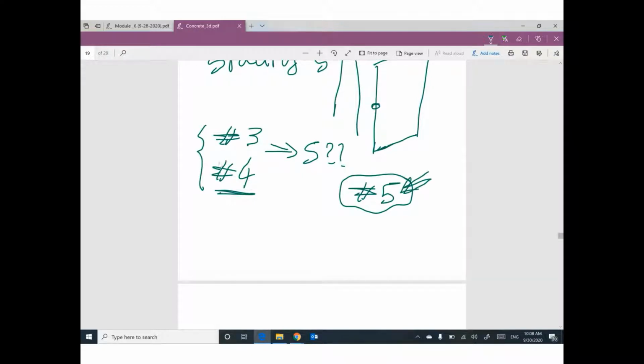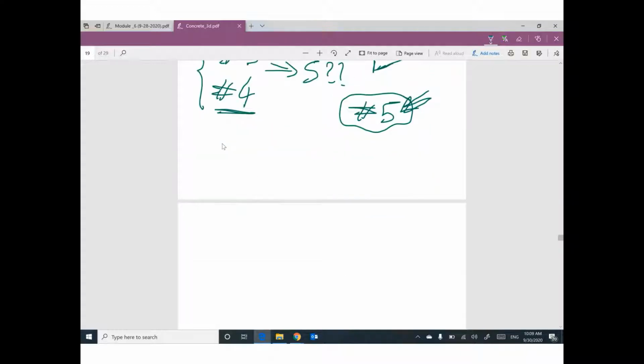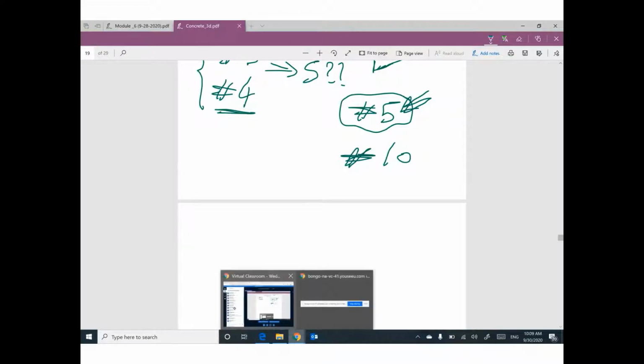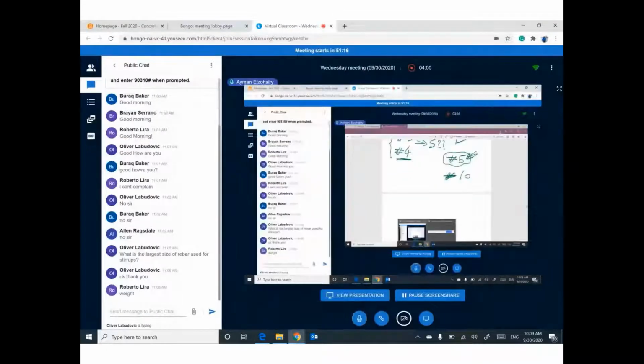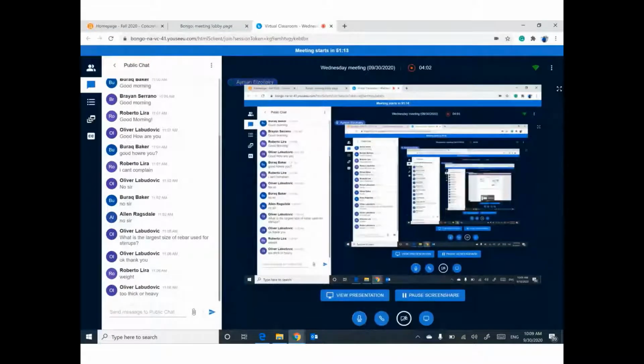What is the issue if I used number 10? Do you know what is the issue? Anybody know what is the issue if you are using a larger size for stirrups? Can you expect what is the issue? Weight? No. Too heavy, it's not a big deal. Too thick.